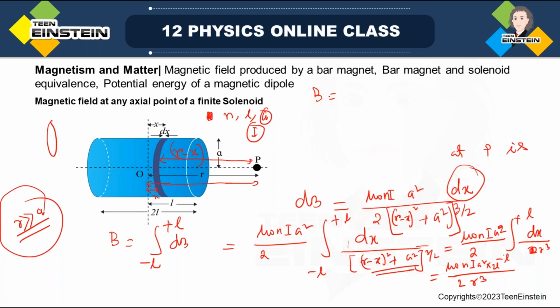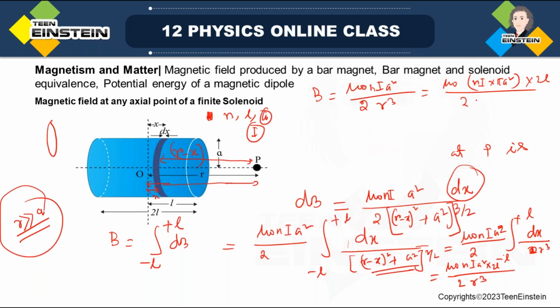So B, I have got mu 0 n I a square divided by 2r cube. So here, if I multiply pi, mu 0, so n I into pi a square divided by, here there will be 2l also.